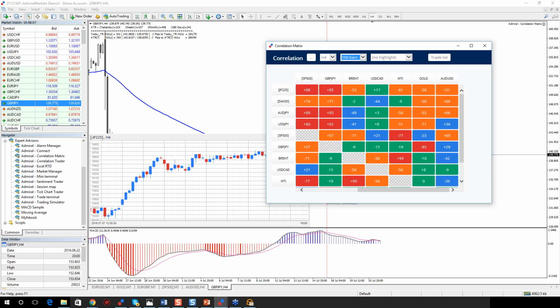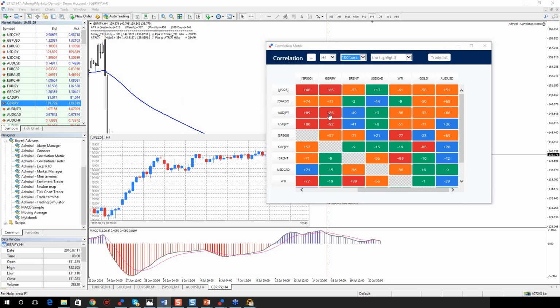Okay, when you see indices or equities going and forex pairs stalling, be prepared to go in the direction of equities. It's very important to know this correlation. Same for AUD/JPY, guys. Watch this.